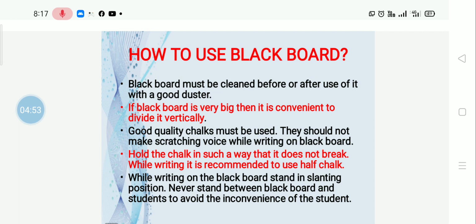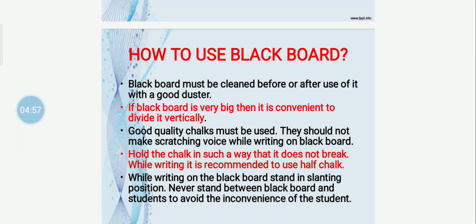Then good quality chalks must be used. The quality of the chalk piece is also important. If the chalk makes a creaking sound while writing, that sound will disturb the students' concentration.